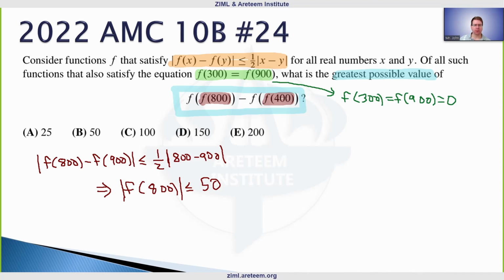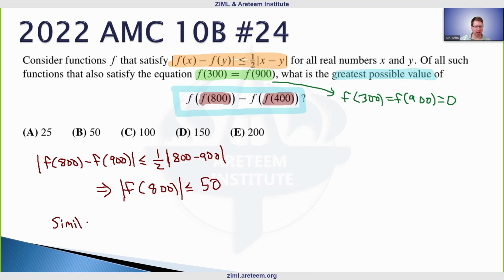Why is that? Because we have f of 900 is 0, matching f of 300. You can see here that we're really just saying how much they differ from 300 or from the f of 900.